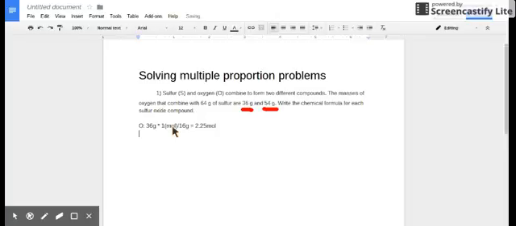So that would be 54 grams times 1 mole over 16 grams. And that's roughly 3 moles. No, that's exactly 3 moles.